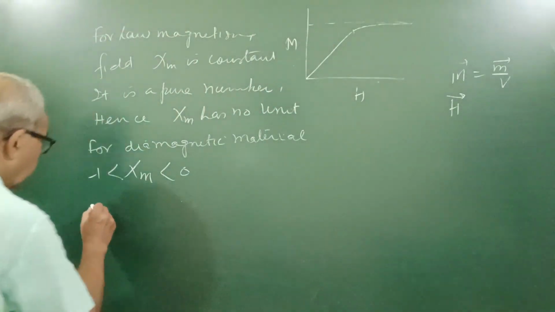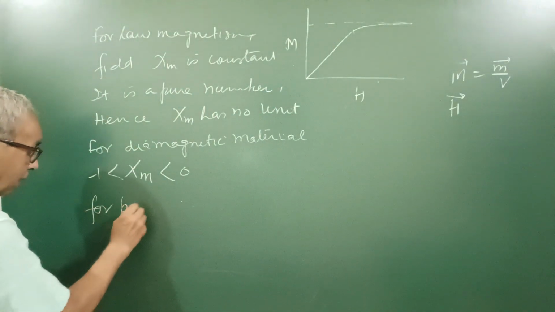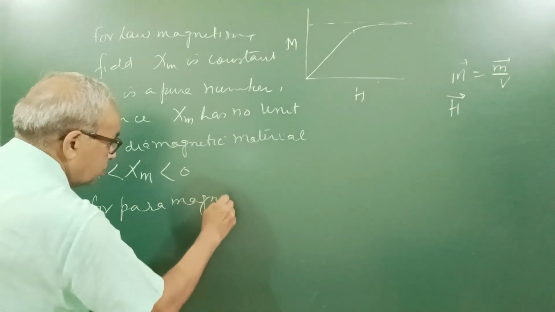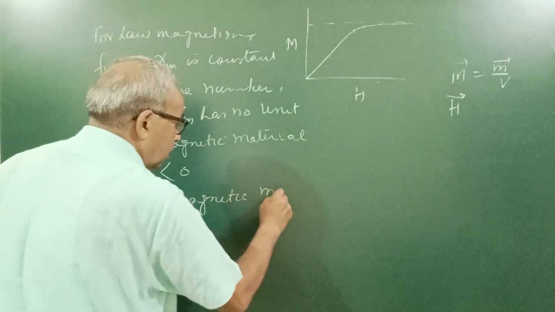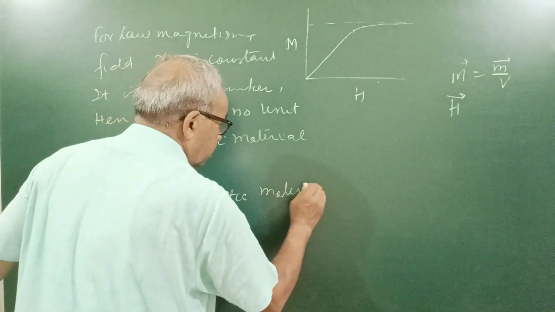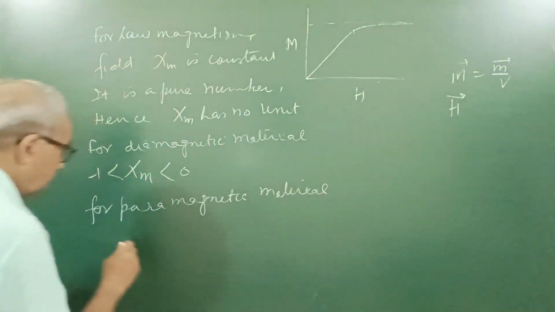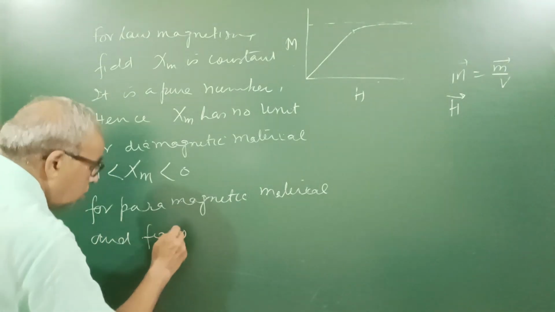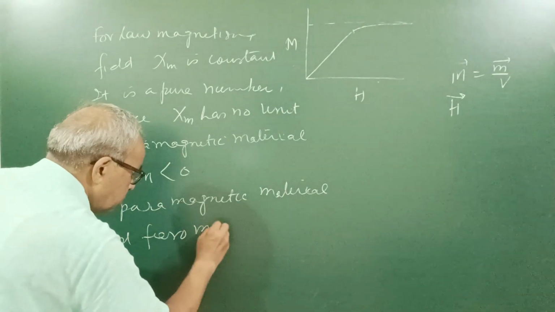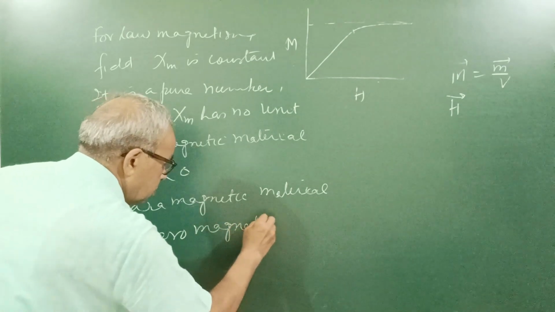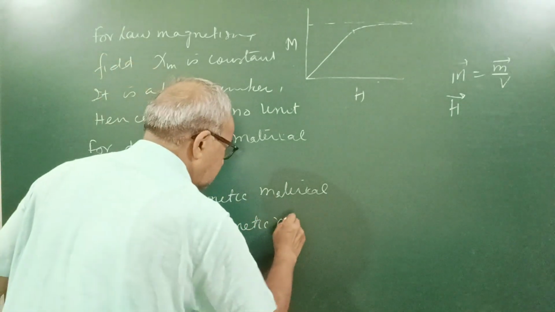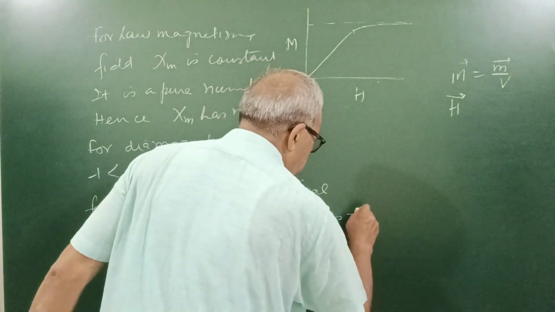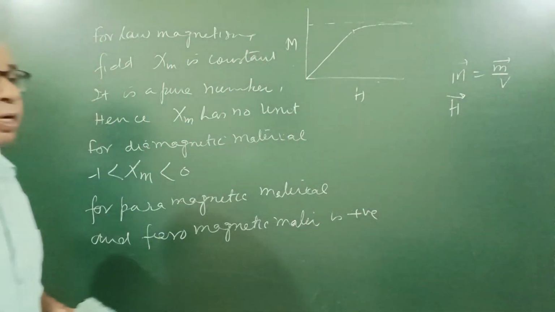For paramagnetic material and ferromagnetic material, it is positive and more than 1.